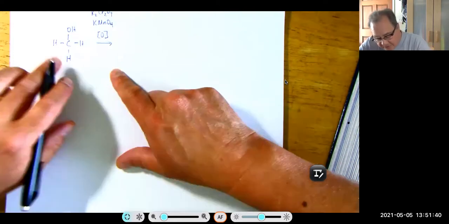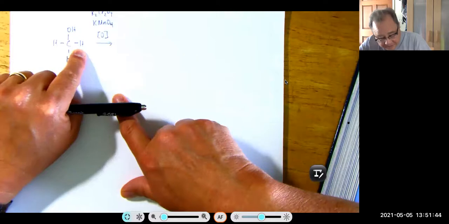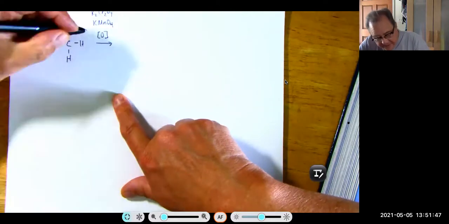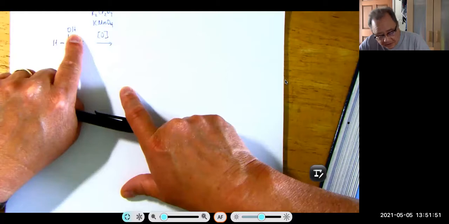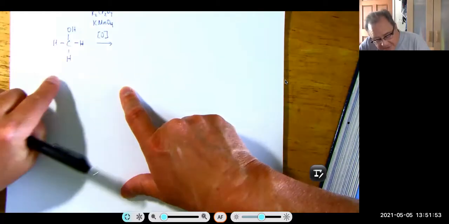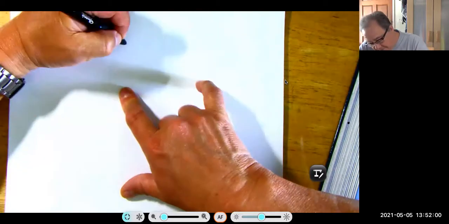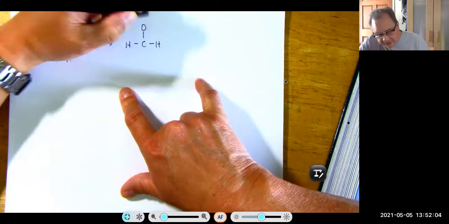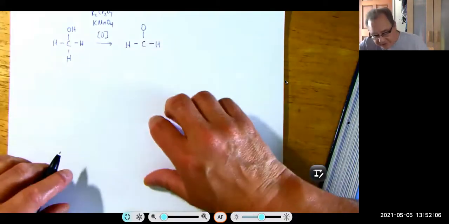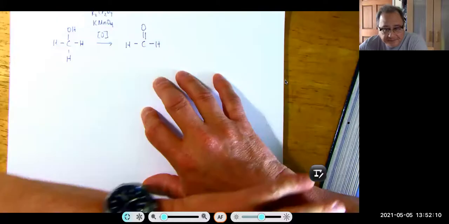In this reaction, what happens is this: a hydrogen gets yanked off of here and of here. So I'm going to take this hydrogen down here off the bottom, and the hydrogen off of the alcohol. Okay, so this is what we have left, but it's not a very good Lewis structure. This is what happens.